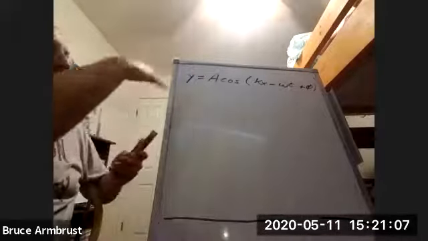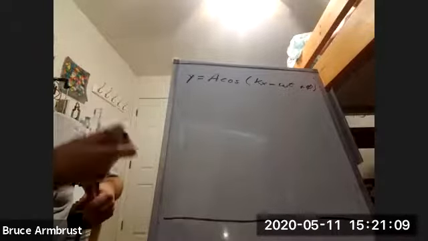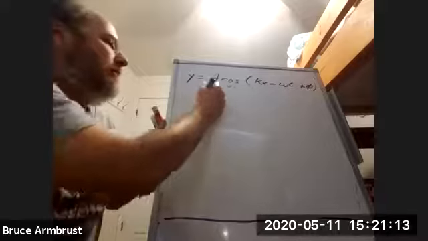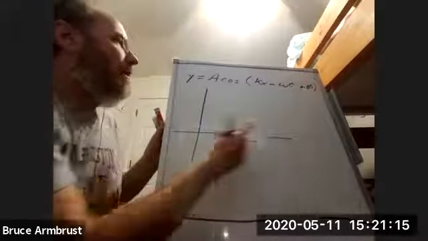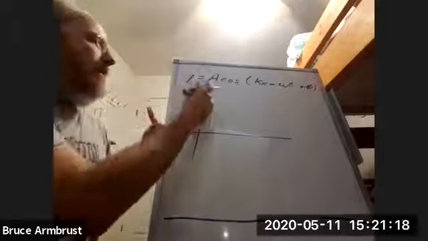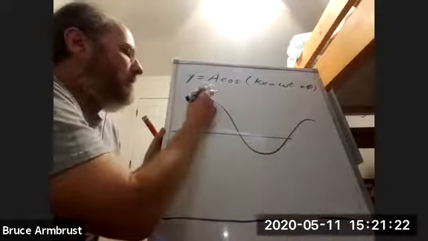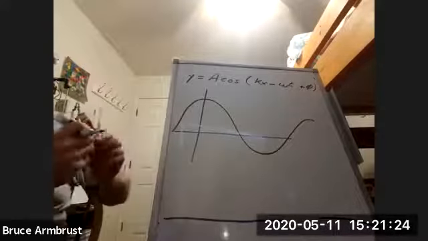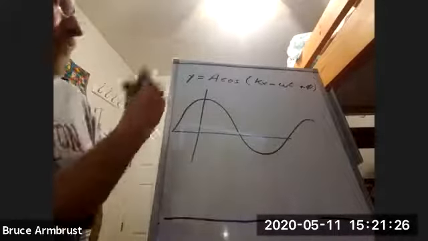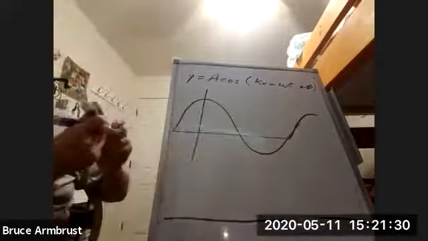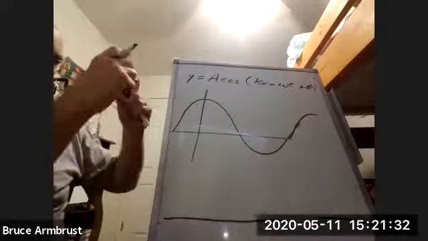Okay, so let me explain where these different things are going to be coming from and how they're related. So let's just start with a graph of a cosine. And let's say that this is what we see at time 0. All right, so imagine we just took a picture, and this was at time 0, right?